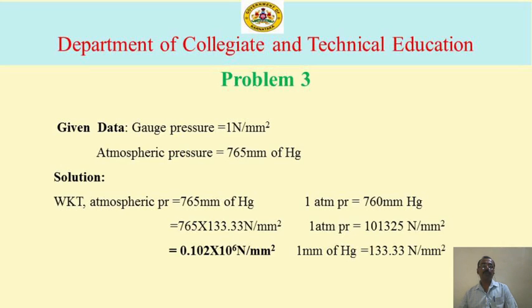Solution. We know that atmospheric pressure is equal to 765 millimeter of Hg.